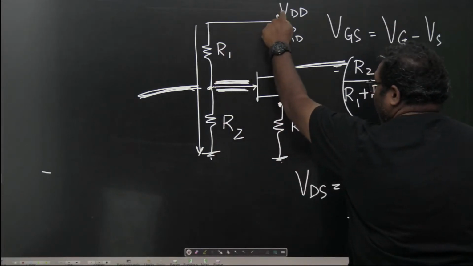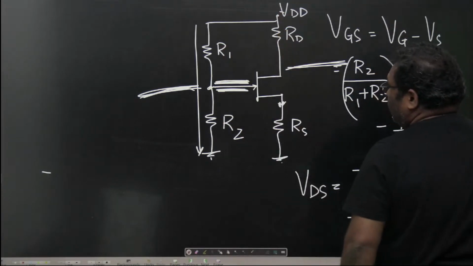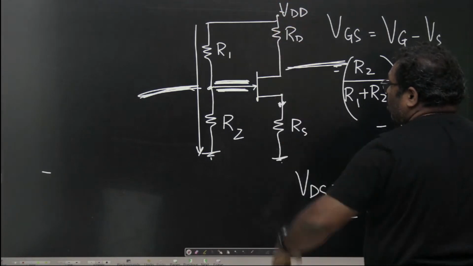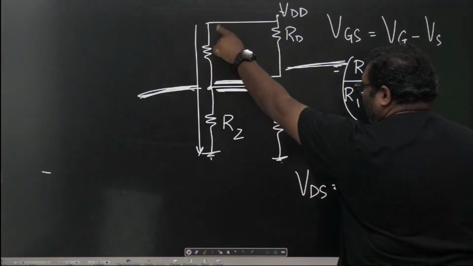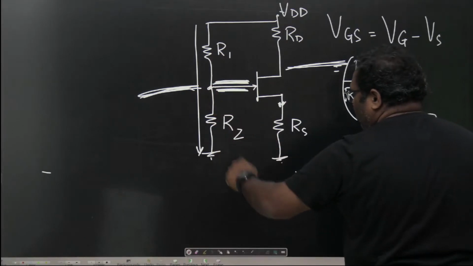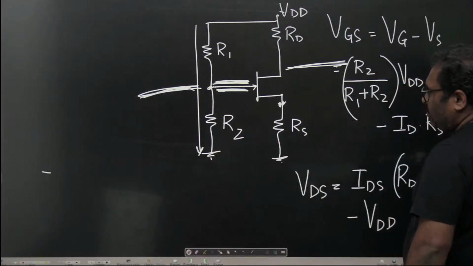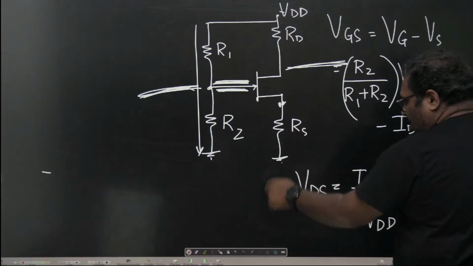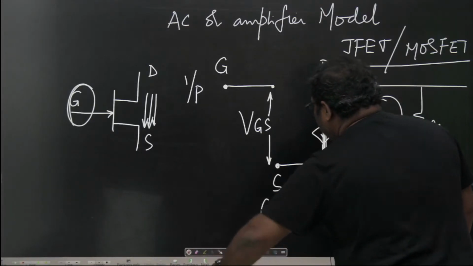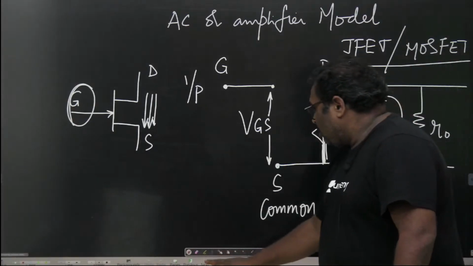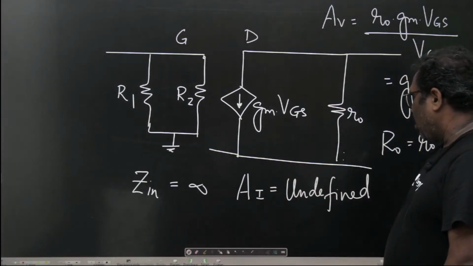Even R1 is coming because VDD will be short circuited. All DC sources will be short circuited. So R1 comes, R2 comes between gate and ground. What about RS? RS comes between source and ground. There comes an RS between source and ground.